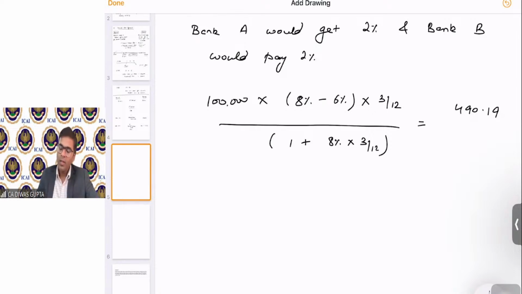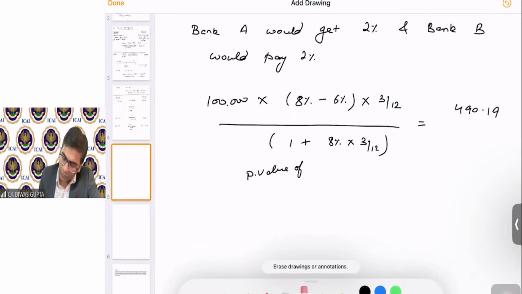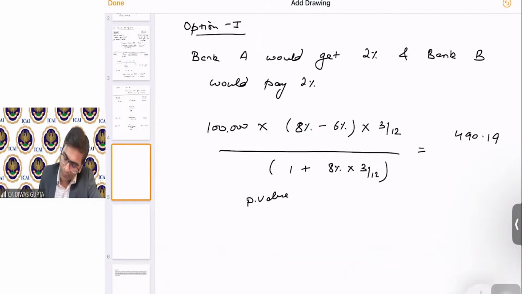So with this division, what we are doing is actually we are bringing to the present value at the start of the loan. Present value at the start of loan. Correct, students?